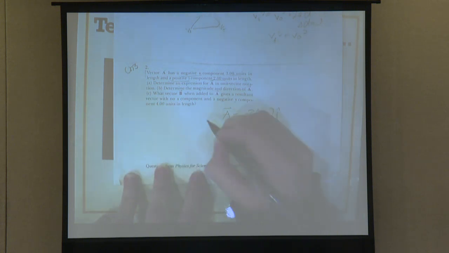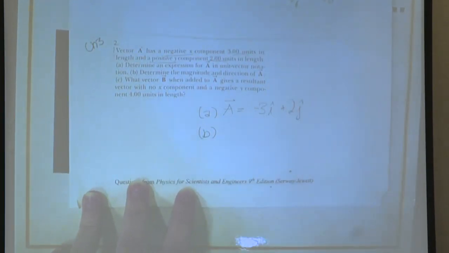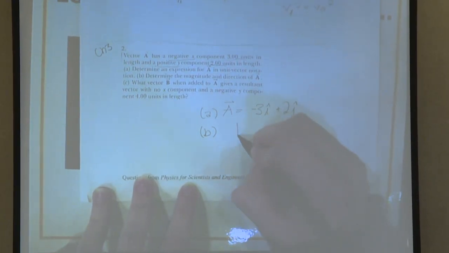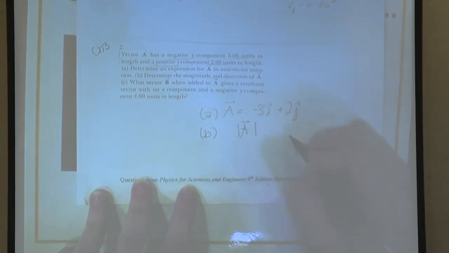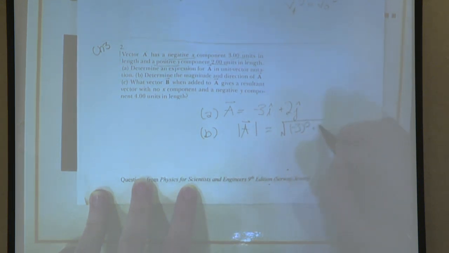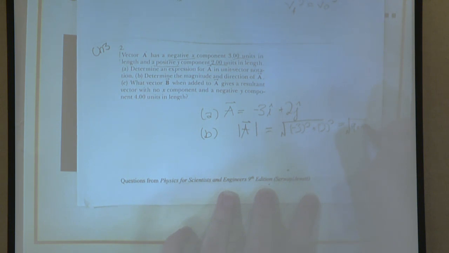That's the answer for part A. B is asking for the magnitude. You find the magnitude by taking the square root of each of the components squared. So negative 3 squared plus 2 squared equals the square root of 9 plus 4, which is the square root of 13. That's your answer for part B.